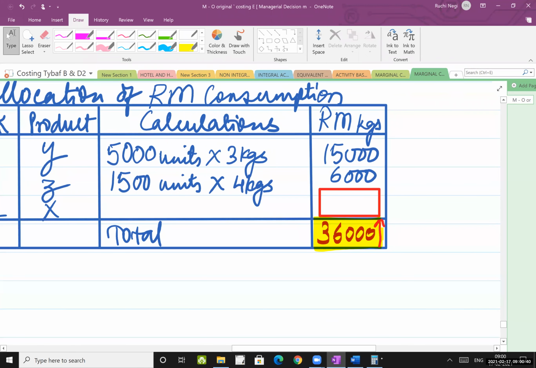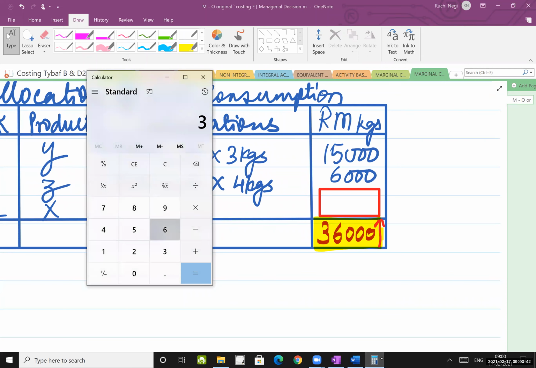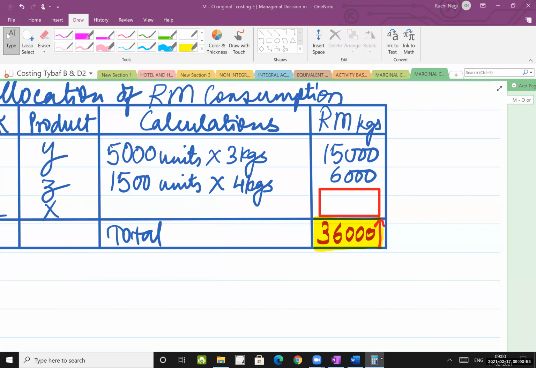Go reverse. 36,000. When you go reverse, minus becomes plus, plus becomes minus. Minus 6,000 minus 15,000. How much is left? 15,000 is left. Okay, so write here 15,000.